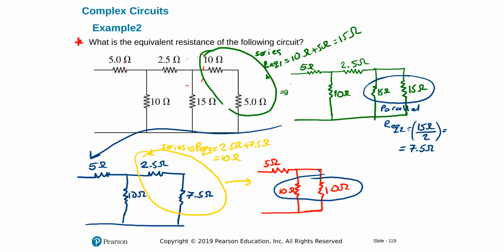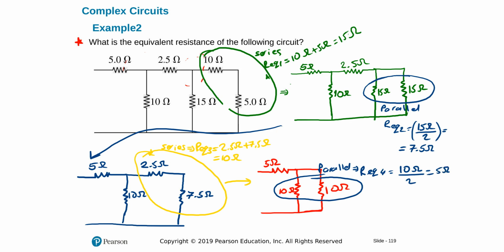Parallel. I'm going to call them R equivalent, not Q equivalent. Where did Q come from? R equivalent for 10 ohm, 10 ohm. Half of that will be my answer. When I go 1 over 10 plus 1 over 10 to the minus 1, I'll get this 5 ohms.